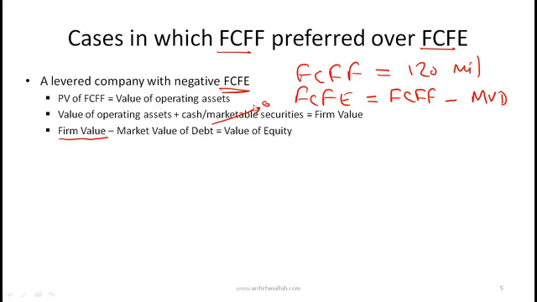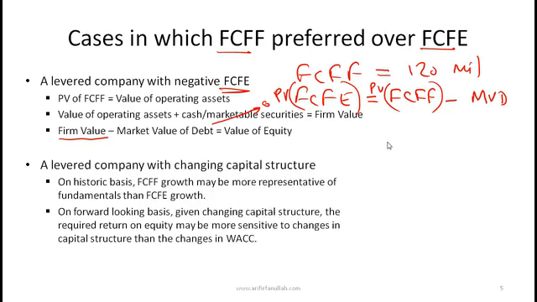Minus the market value of debt will give you the value of equity. Actually, what I should write here more accurately is that the present value of all the free cash flow to equity is equal to the present value of all the free cash flow to firm minus the market value of debt.